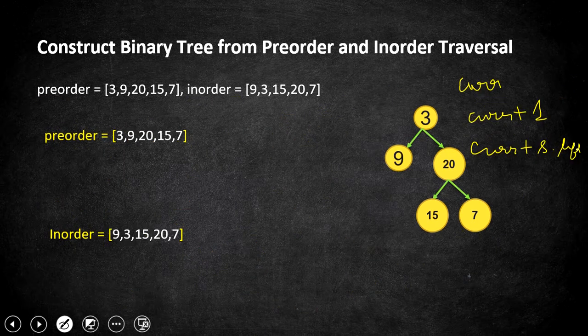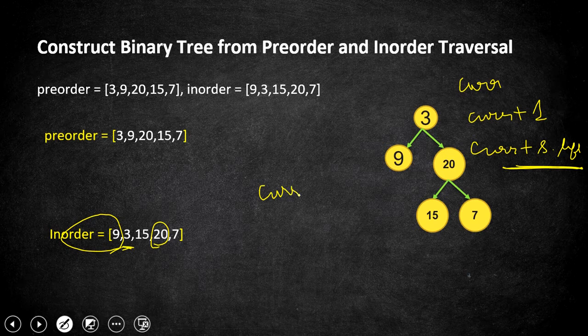So now the question is, how do we find the size of our left subtree? Suppose we have 20 as our right subtree's root node. Then the size of the left subtree is going to be what is there on the left side of 3 in the array. So we start from the first index, index 0, which is the root node.